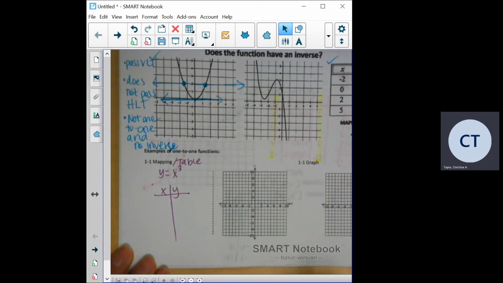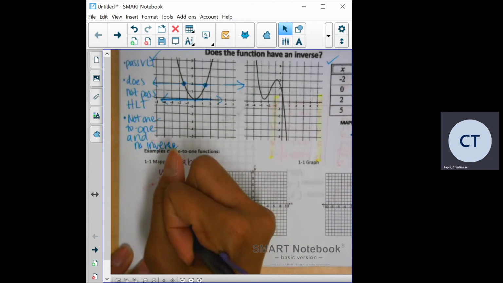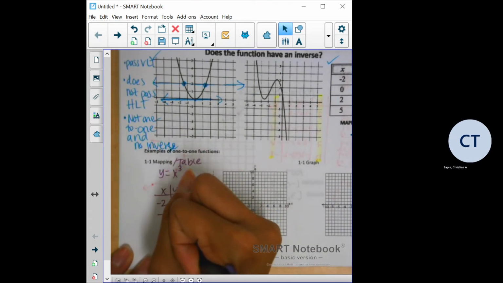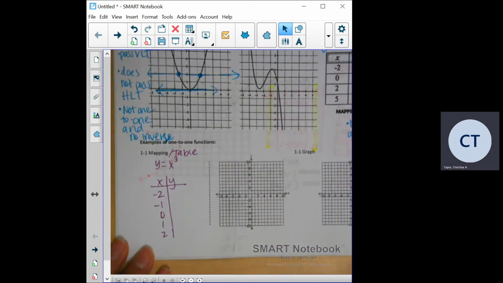It will pass the vertical line test, which means every x goes to one y, or none of the x values repeat, excuse me. And then it also passes the horizontal line test, which means none of the y values repeat. So for these, if you were to plug in -2 all the way to +2, this would represent a one-to-one function.